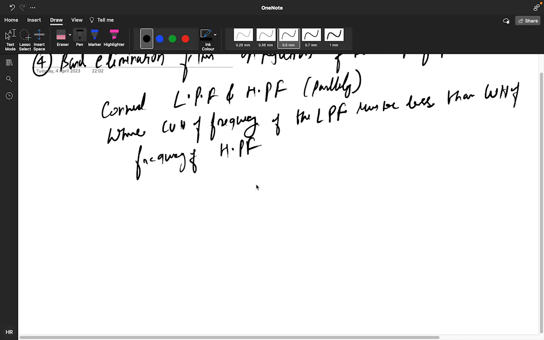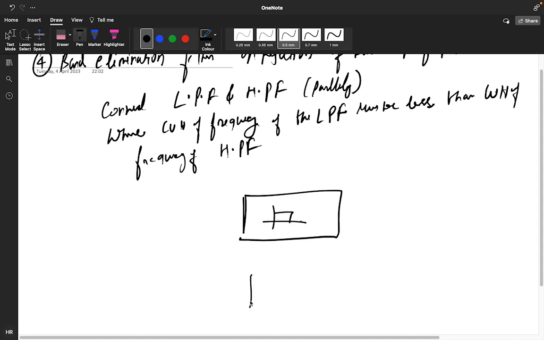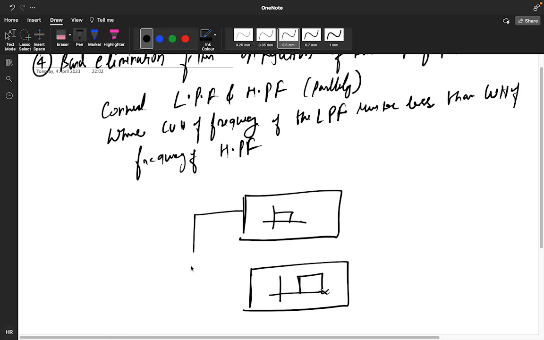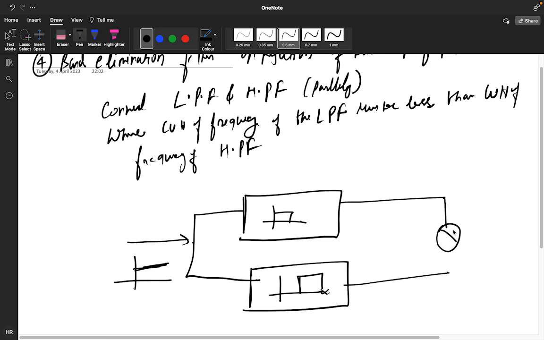So you are connecting in parallel. This is your low pass filter and this is your high pass filter. You provide one input, and from these you get the output like this.